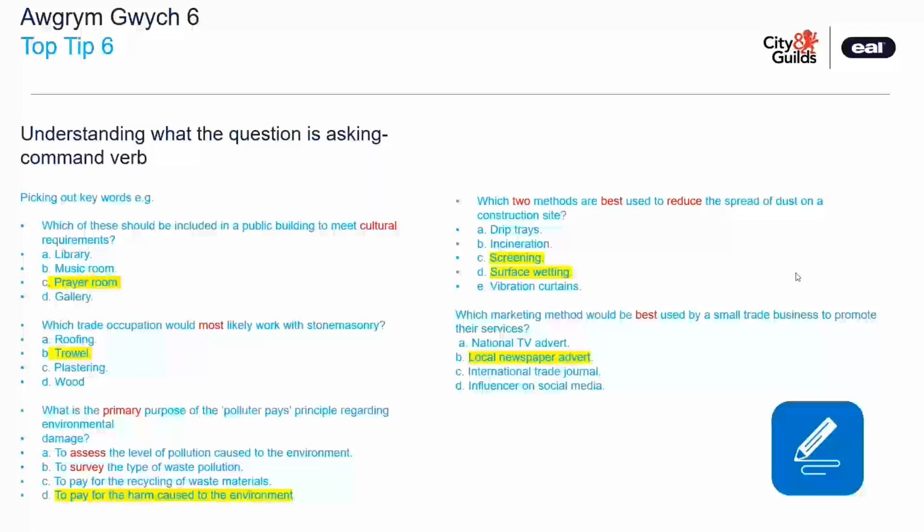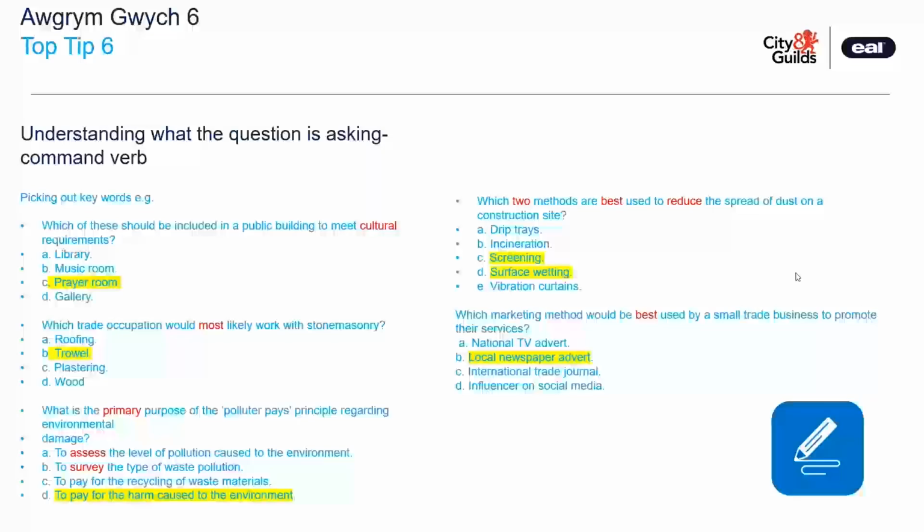So in question 4, this is a really hard one for learners to do, because the key words here are 2, best and reduce. To me, this is one of the more difficult multiple choice questions because it has 3 instructions in the question, and potentially all of these could be used.